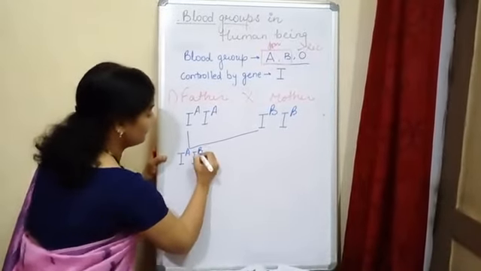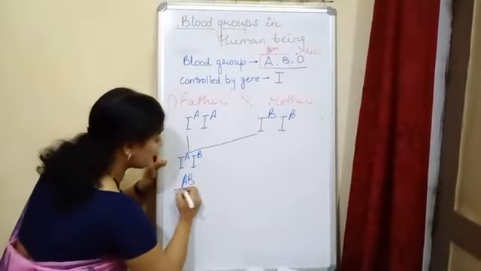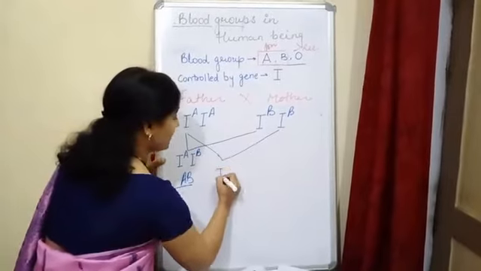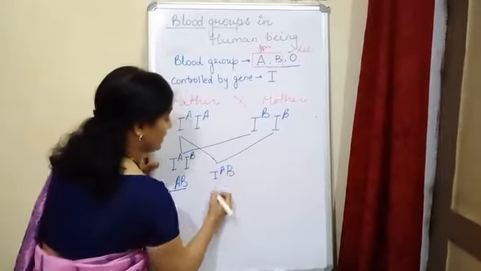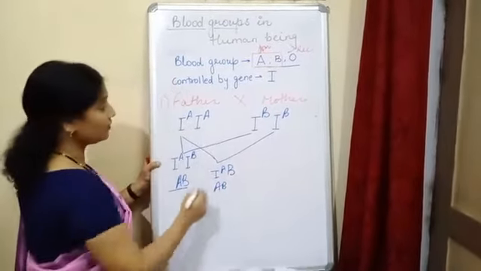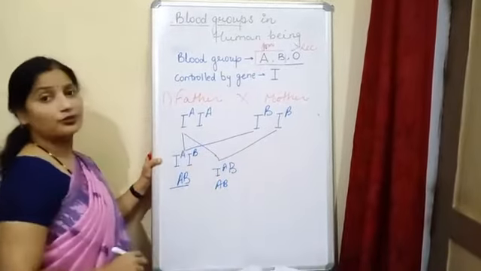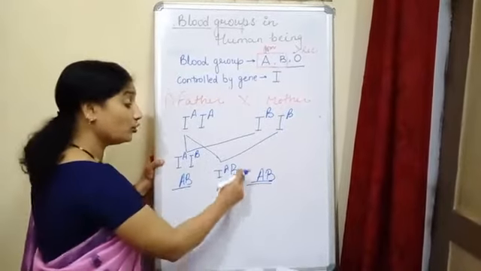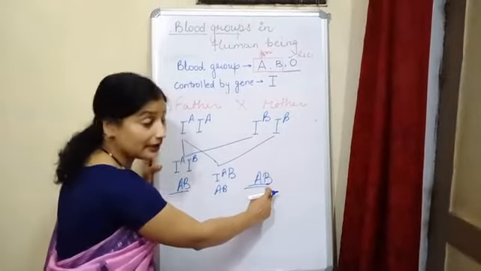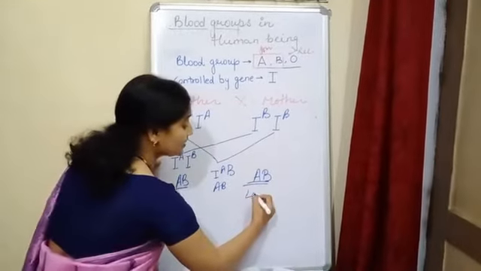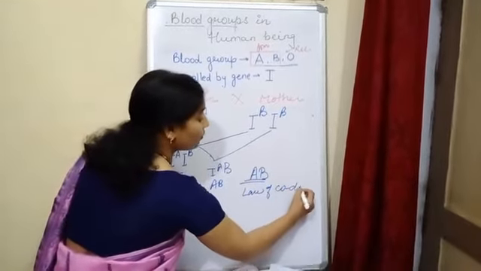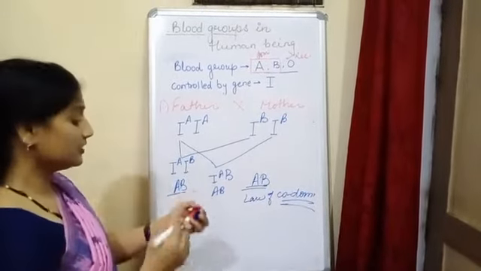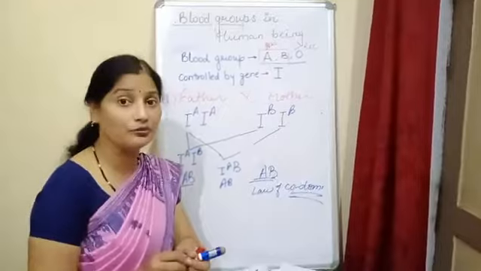The child will have blood group AB. In this condition also, the child will have blood group AB. In all four situations, the progeny will have blood group AB. Now both of these are representing themselves. That's why it obeys the law of codominance. Understood? So this is the example of the law of codominance.